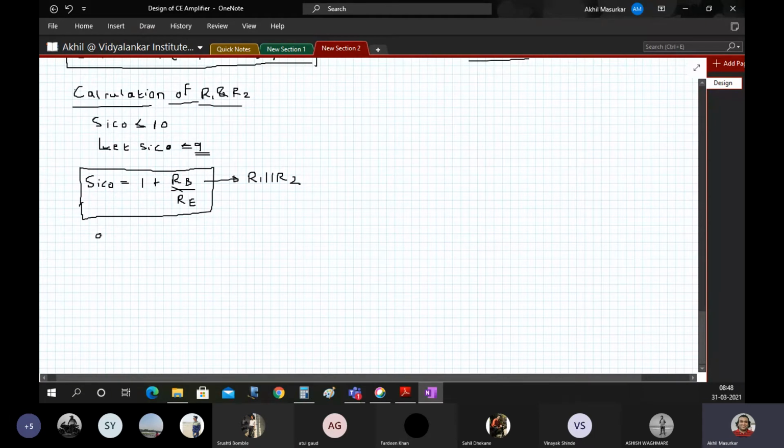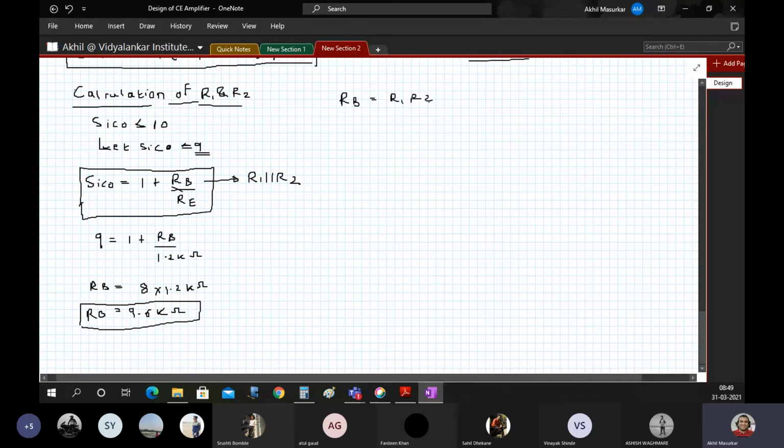So here we can write now 9 is equal to 1 plus RB upon RE. We have calculated RE as 1.2 kilo ohms. So we should be able to calculate the value of RB, which should be 8 into 1.2 kilo ohms, which should be 9.6 kilo ohms. So RB is equal to 9.6 kilo ohms. But RB is R1 R2 upon R1 plus R2.